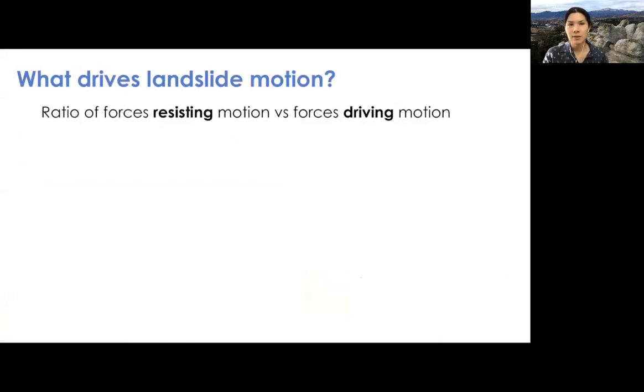We're going to try and distill all the drivers of landslide motion into two categories: the forces that are resisting motion versus forces that are driving motion. What on the landscape makes this soil and regolith stay where it is versus what is trying to make it fall? There are going to be four main factors that I'd like to talk about.